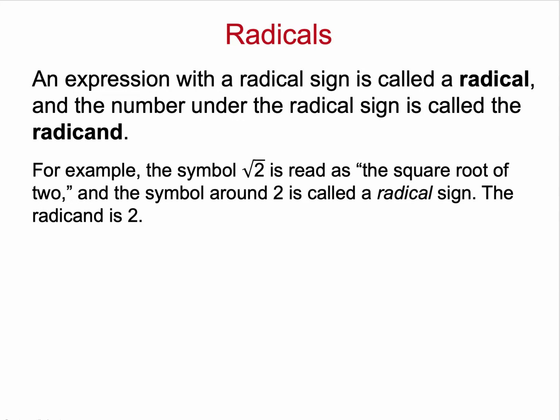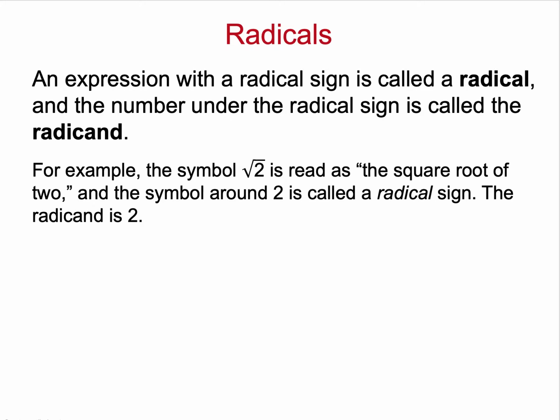A lot of times we've used the words square root in your math journey, but the appropriate term is a radical. An expression with a radical symbol is a radical, and the number underneath it is the radicand. So for the square root of 2, the 2 is the radicand, because it's under the radical sign.